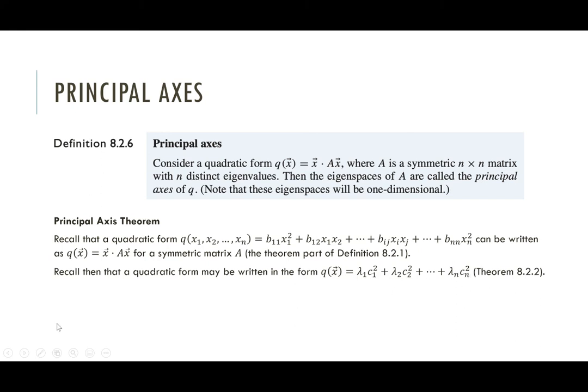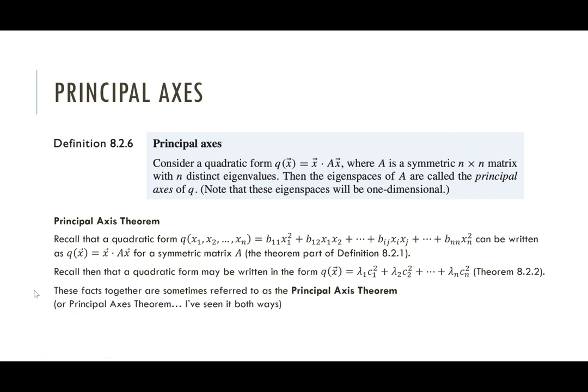This was the diagonalizing a quadratic form theorem. These facts together are sometimes referred to as the principal axis theorem or principal axes theorem. I've seen it both ways in sources that I respect, so you might see it either way. Sorry if I got you all excited about a new theorem. No, it's just theorems that we've seen before, and sometimes this stuff gets called the principal axis theorem.